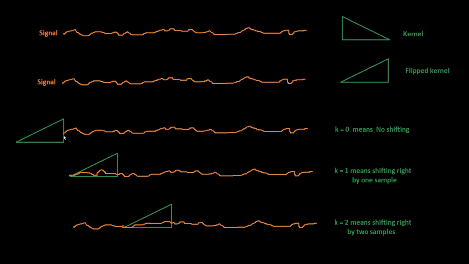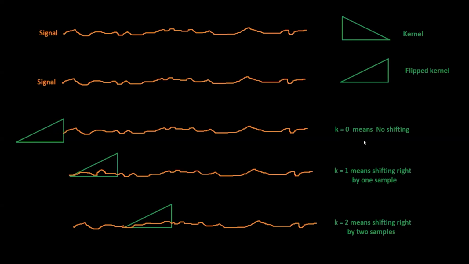The first step of convolution is therefore flipping the kernel, and it is performed only once at the beginning of the process. After flipping, we begin the convolution by placing this flipped kernel over the signal. Now, the flipped kernel is positioned so that its last sample overlaps with the first sample of the signal.